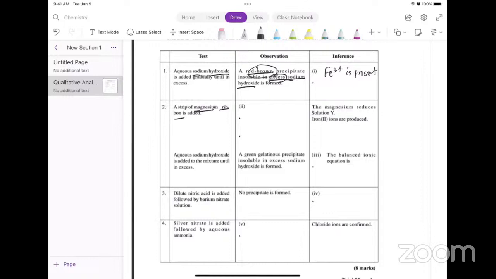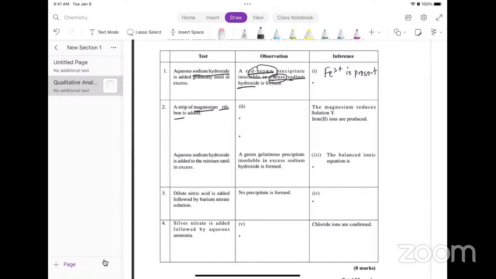So a magnesium strip is added, and the magnesium reduces the solution. Why? Iron 2 ions are produced. Aqueous sodium hydroxide is added to the mixture until in excess. A green gelatinous precipitate insoluble in excess sodium hydroxide is formed.